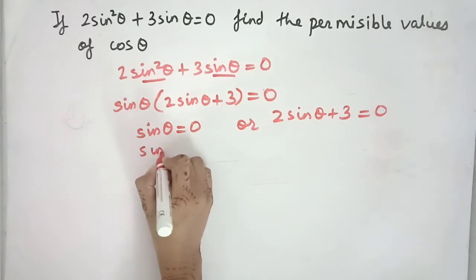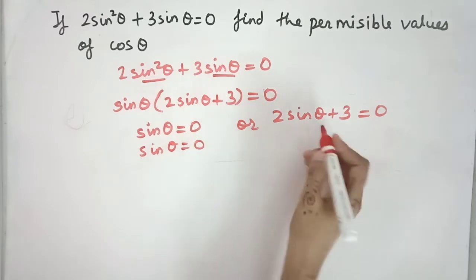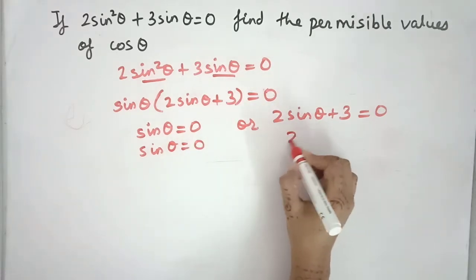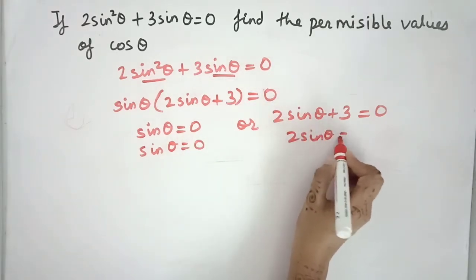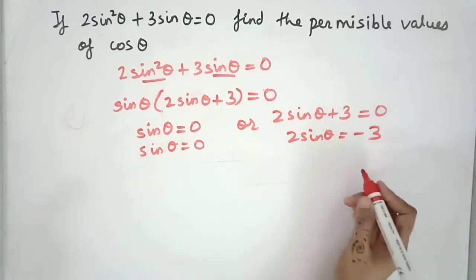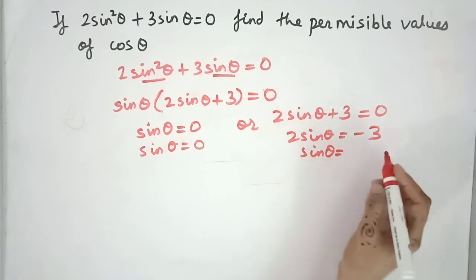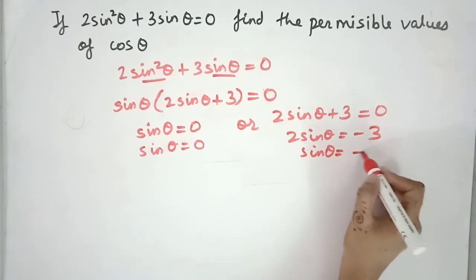Now we know sin theta is equal to 0 or 2 sin theta is equal to plus 3, which shifted to the right hand side will be minus 3. So sin theta is equal to minus 3.